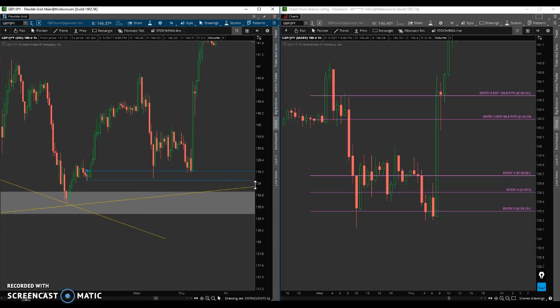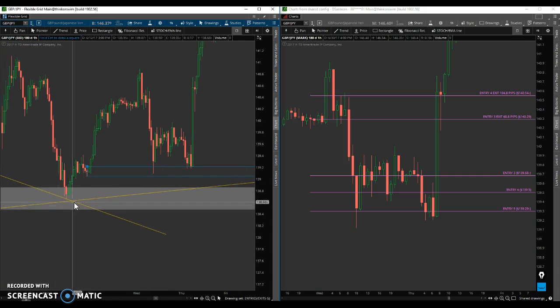especially considering where we were coming off of these daily levels here. Again, we have our daily demand zone, our daily trend line, channel bottom, all that right around here. So as this bullish candle closed and retraced just a hair, I went ahead and entered at market.